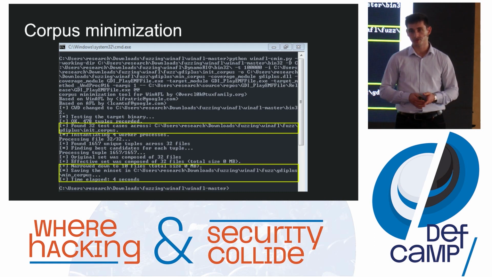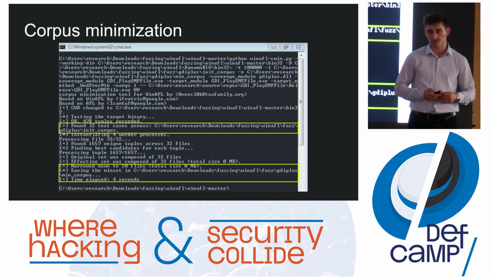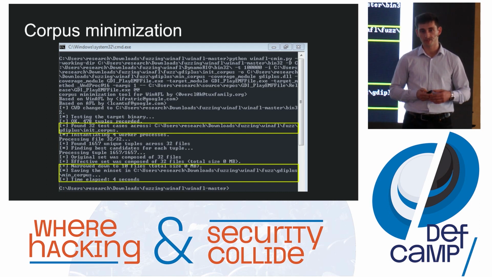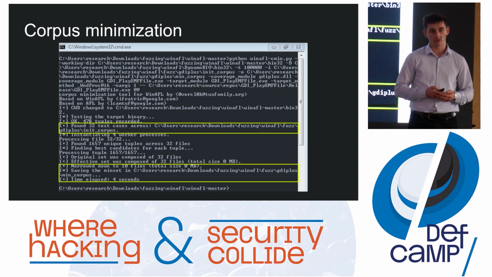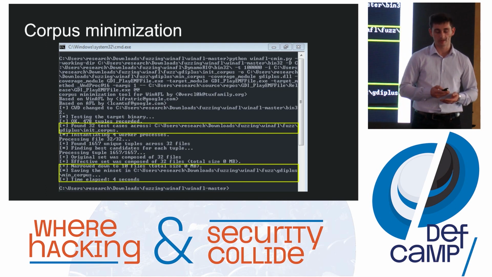Another thing that you want to do when you're doing fuzzing is to try to limit the number of samples that you're feeding the fuzzer. If you're not doing that, and if the samples are pretty similar, then your fuzzer will waste useful CPU cycles on samples that are not contributing to the code coverage very much.